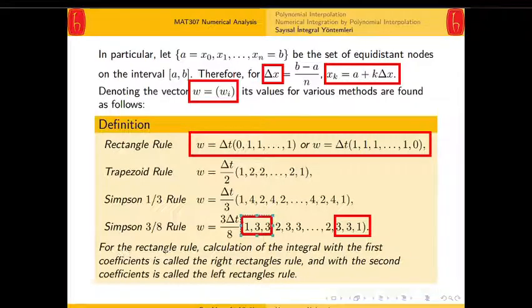For the rectangle rule, the calculation of the integral with the first coefficient is called the right rectangle rule, and with the second coefficient is called the left rectangle rule.